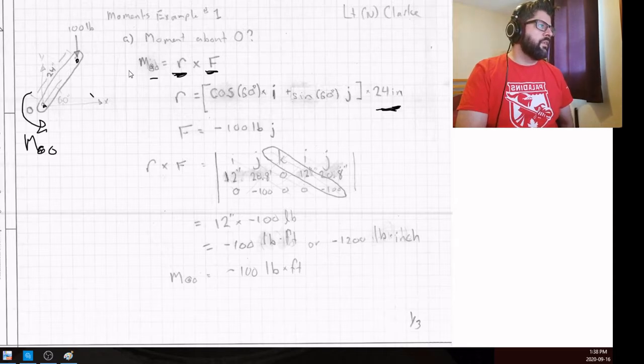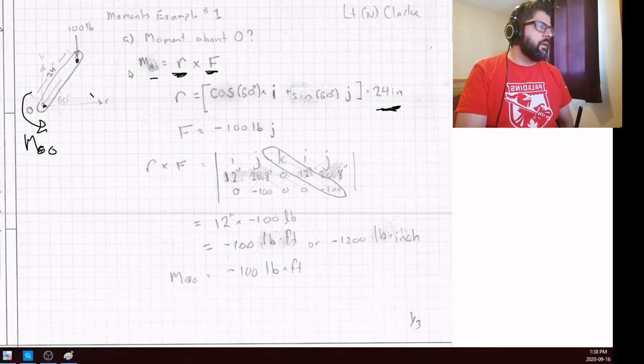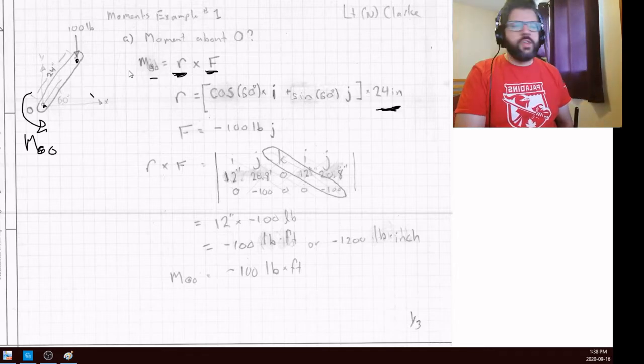The unit vector portion tells you what direction it's pointing, and the magnitude tells you how long it is. Then we've got our force vector. That one's fairly simple. It's a vertical force acting downwards, so that's just negative 100 pounds in the J.